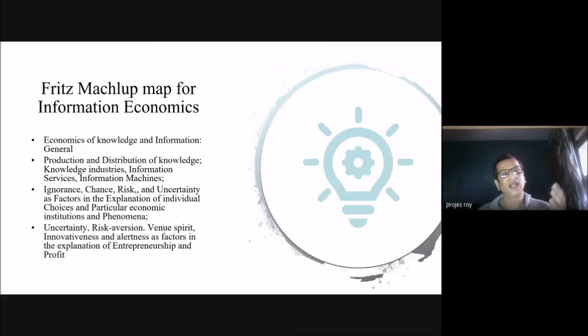Then, how knowledge has influence on production and distribution, and what are knowledge industries, information service and information machines. Knowledge industry today is a booming industry. The majority of BPO is basically a knowledge industry.